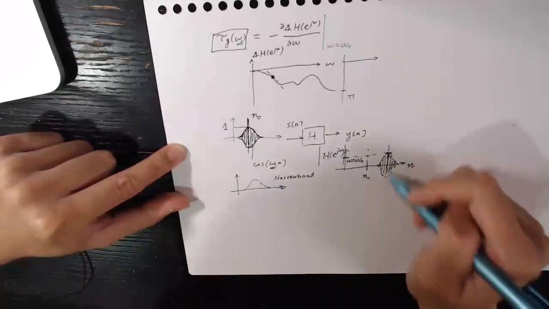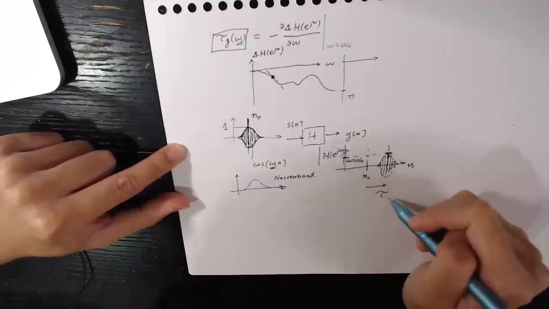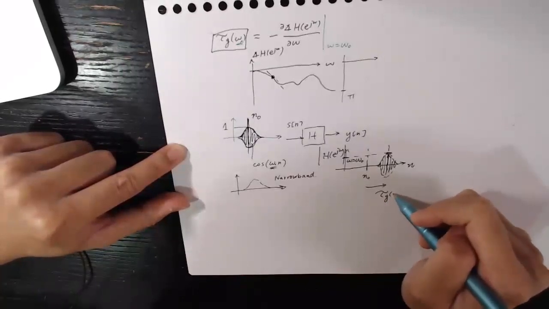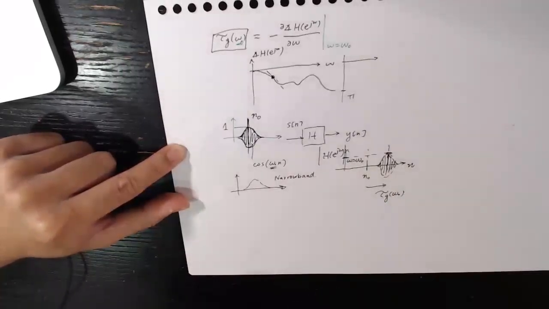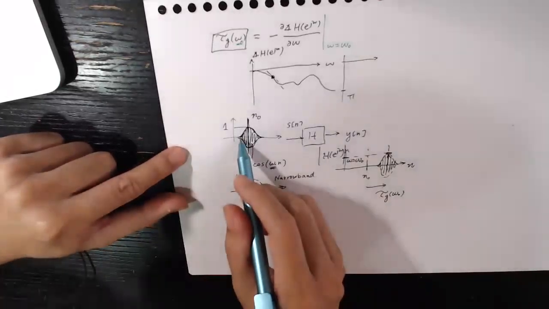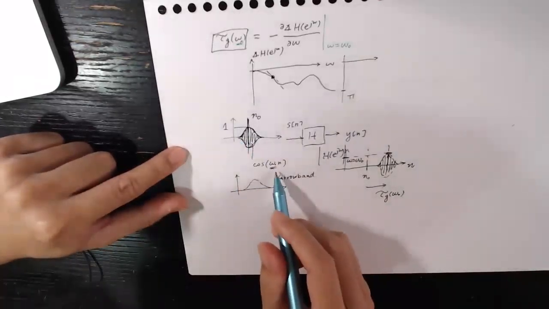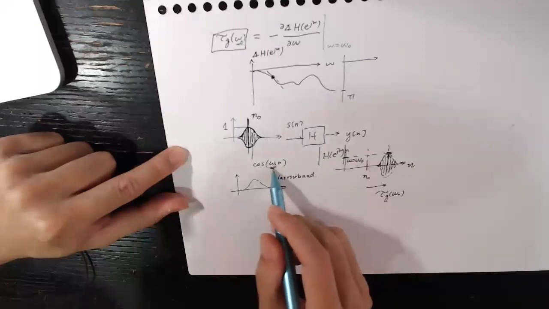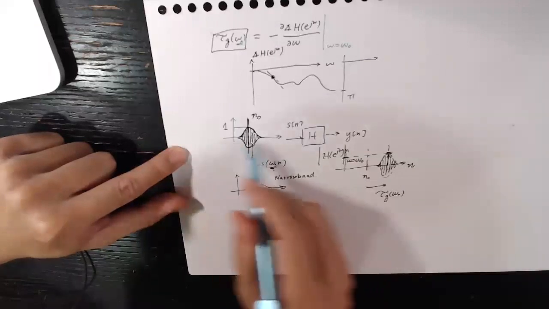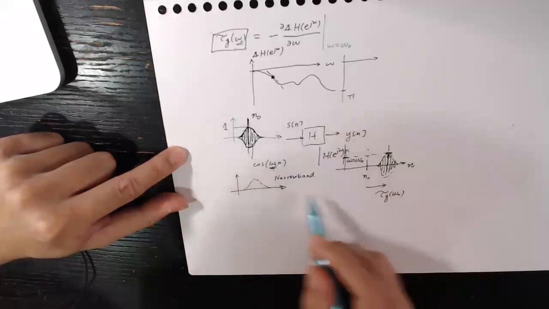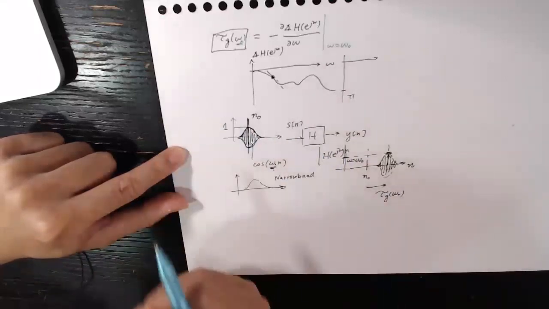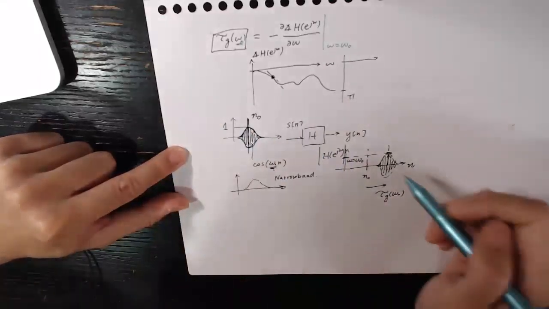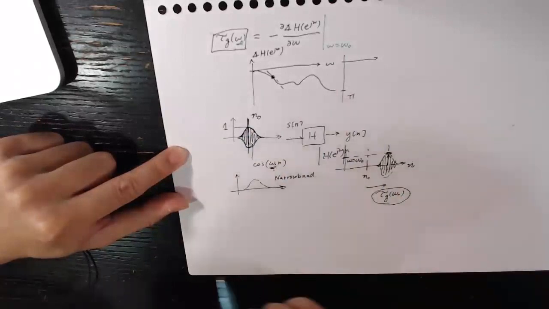But then this delay is the group delay. That's what group delay means. Any slowly varying signal modulated by a high frequency carrier, when this packet goes through the system, is going to experience a delay of so much.